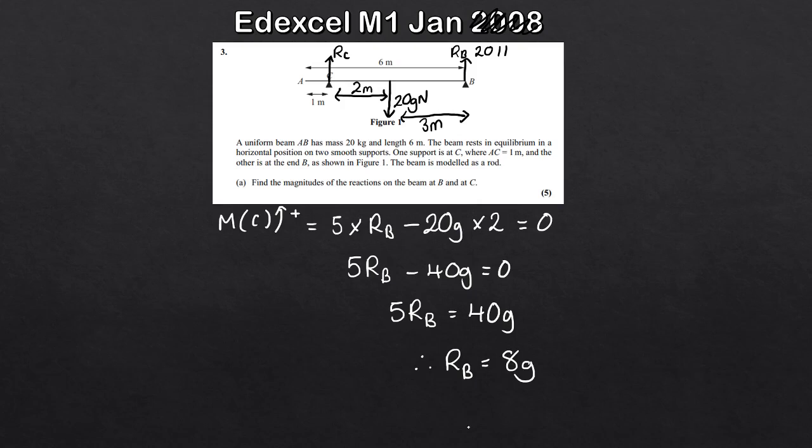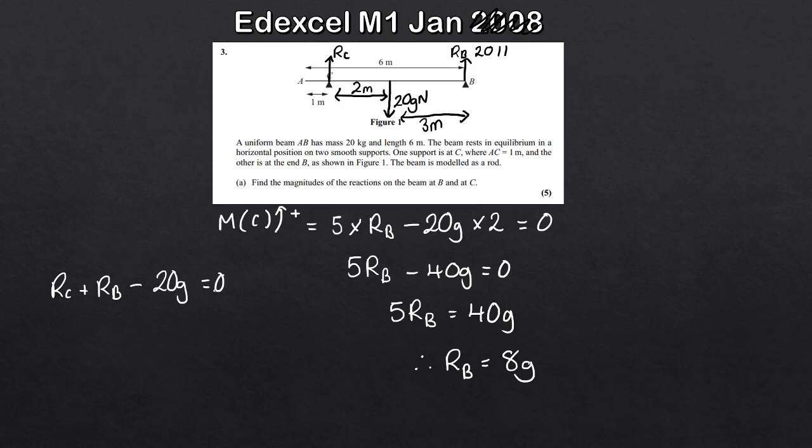The sum of the forces going upwards minus the sum of the forces going downwards should be equal to 0. So RC plus RB minus the force going downwards, that's 20g, should be equal to 0.